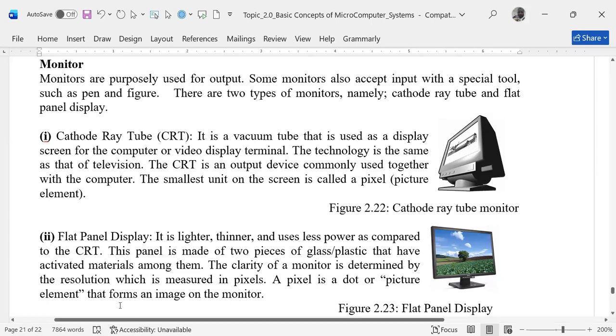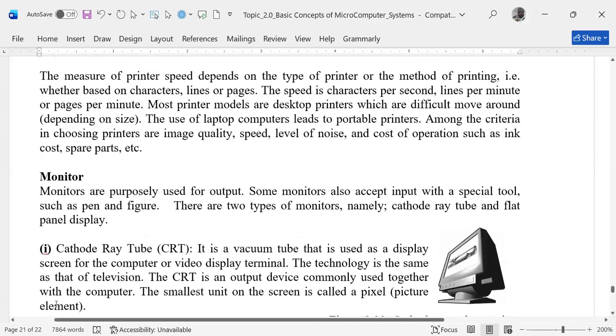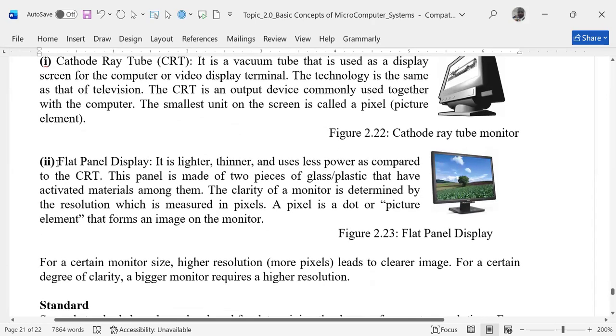Then the next type of monitor is called flat panel display. This is the latest, very light, consumes less space, and has more powerful graphics than the other one. So these are the two popular types of monitor.